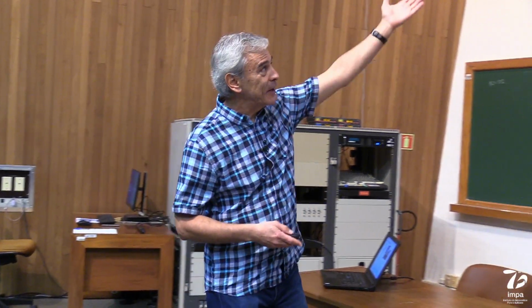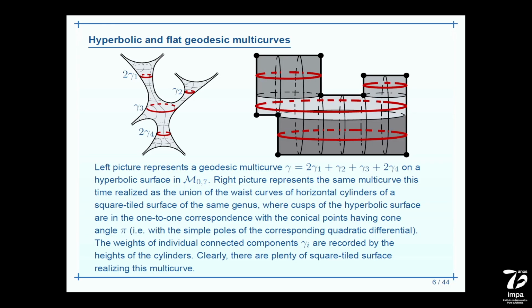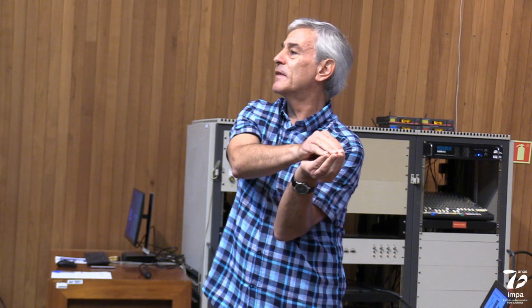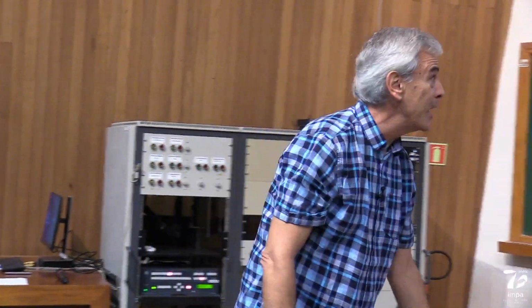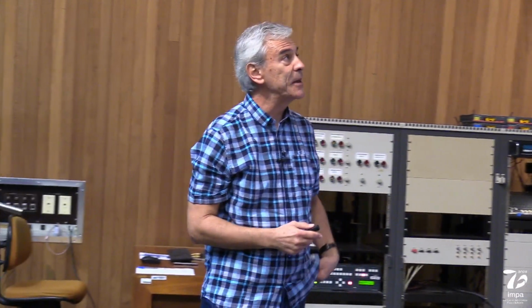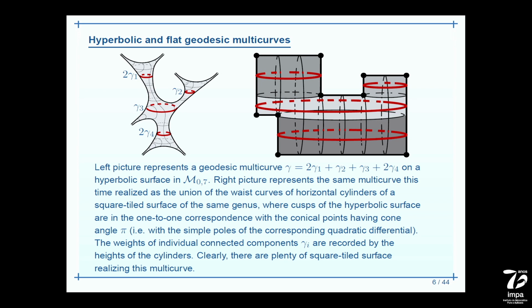So square-tiled surfaces, what you see in the picture. Here, the square-tiled surface is a topological sphere. I just took two pieces of square-tiled paper, put one atop the other, they're identical, and identified them by the boundary. So topologically, when you identify two topological disks, you get a sphere. And we have a sphere which is endowed with a flat metric, perfectly flat, except that there are several points, this one, this one, this one, where the metric has conical singularities.